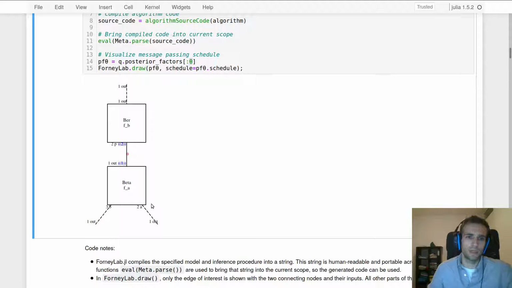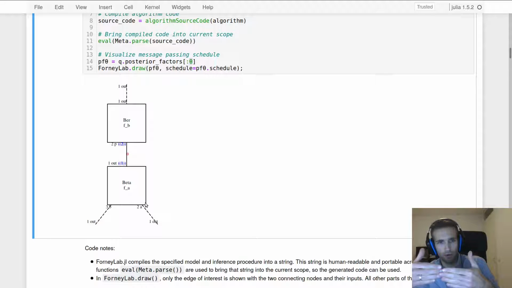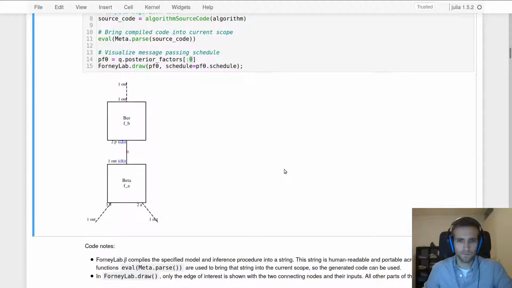And this represents the picture that Bert also showed, where a node draws in information from all of its connected edges, summarizes that, produces a message going outward. And in a Forney-style factor graph, every variable on every edge is just connected to two nodes, so you just get the product of two messages. And so this zooms into this graph, and it shows what information is being pushed towards this edge.